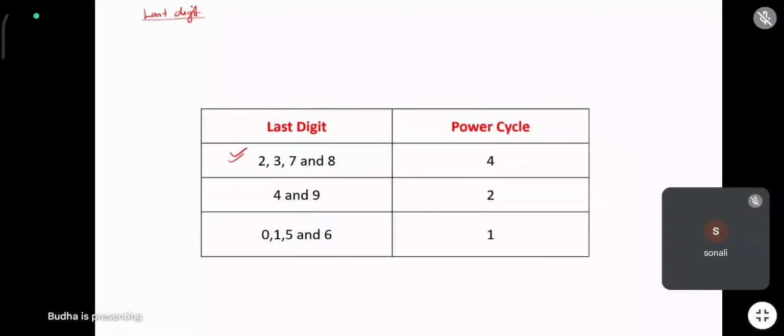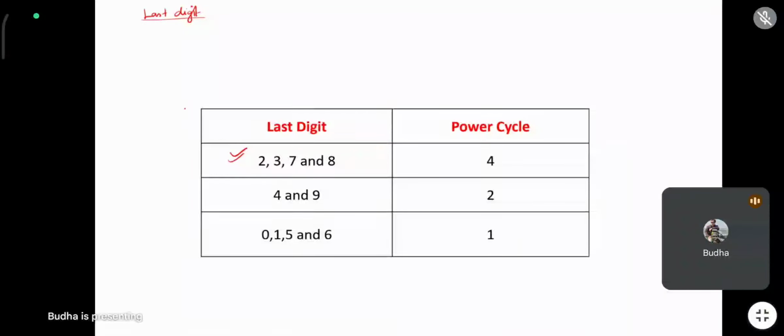Done, sir. Done? Okay. Yes. So don't worry if you have not completed. I'm not going to change the slide as of now. I'll be writing the problems here. Done, sir. So done. Okay, wonderful.